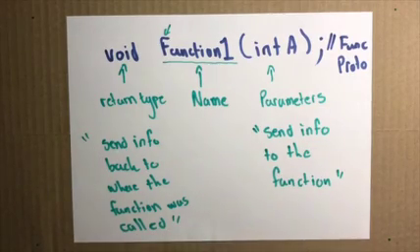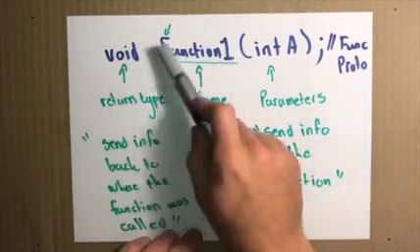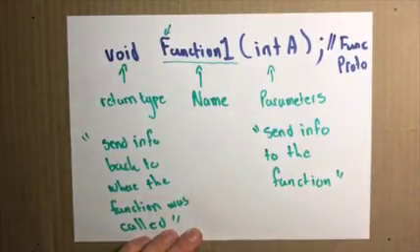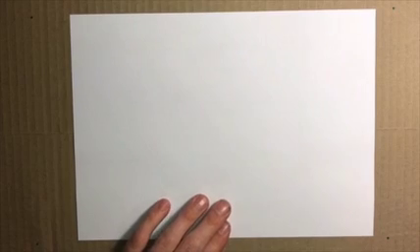So now that you understand the function prototype and each facet, let's quickly do an example. Let's say we have a program and we need to implement a function to calculate the square of a number.